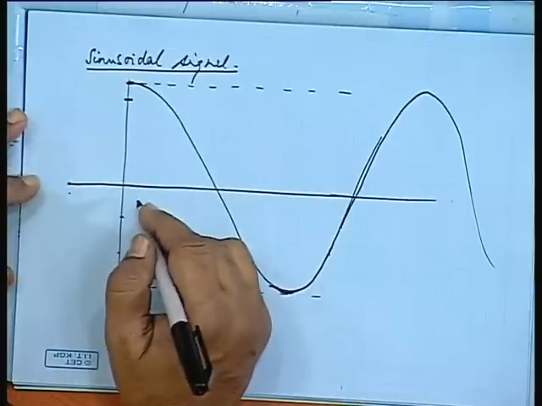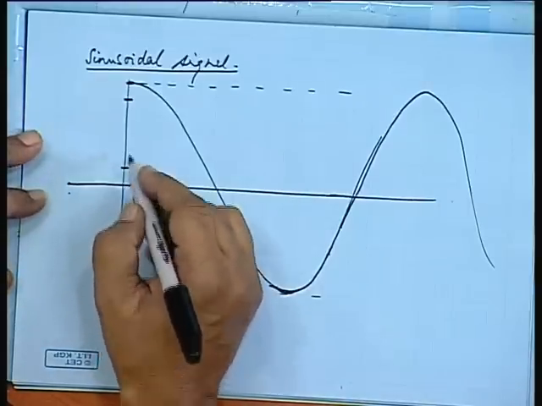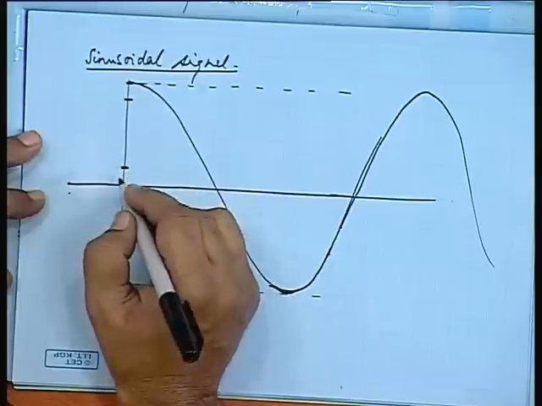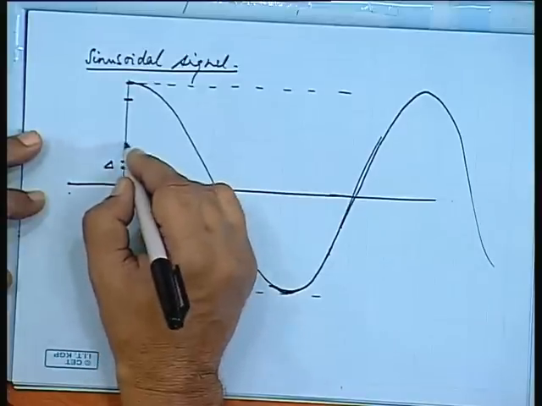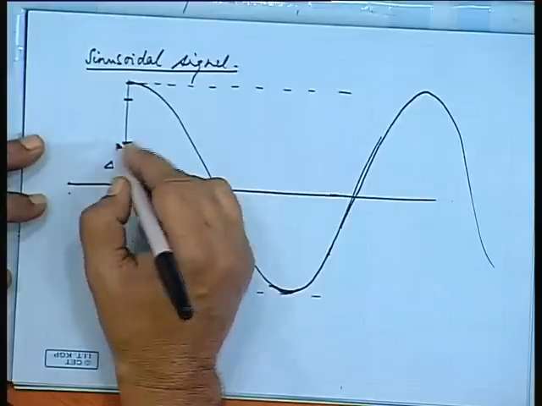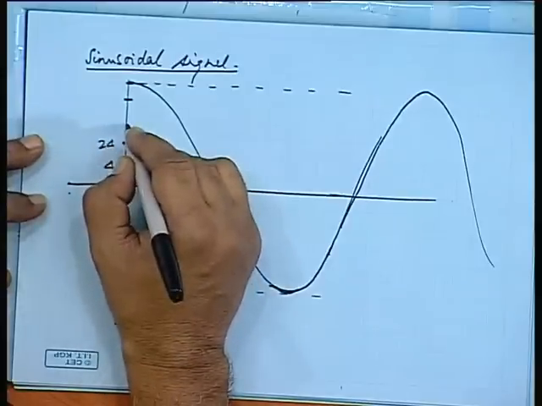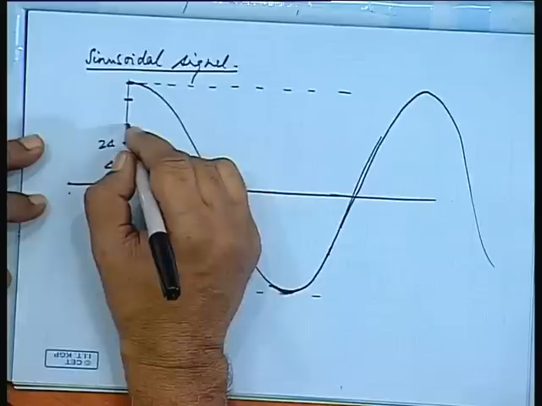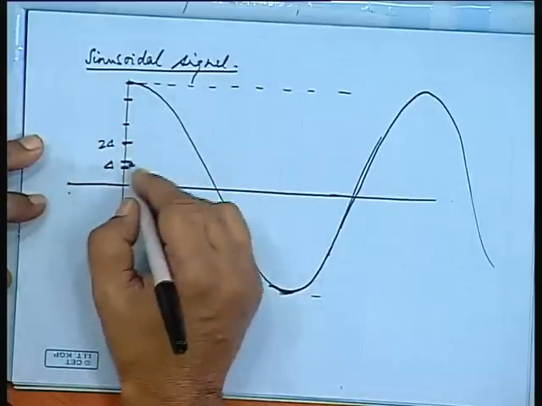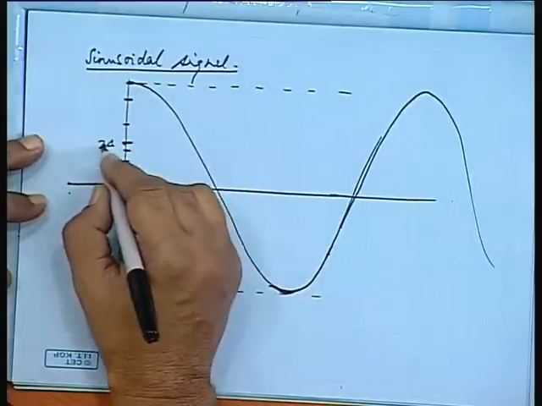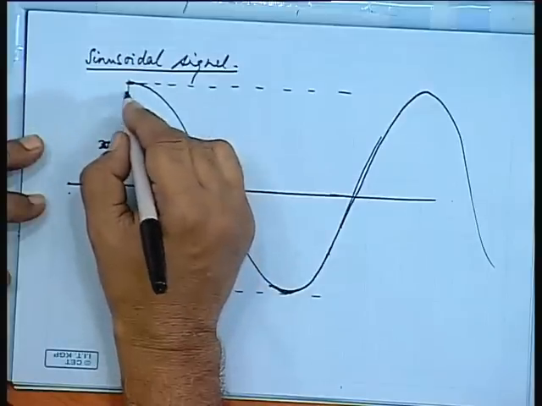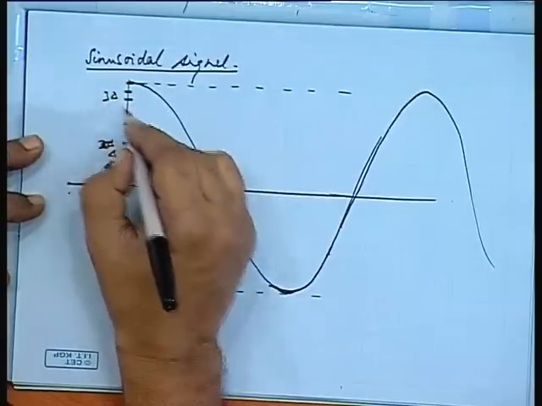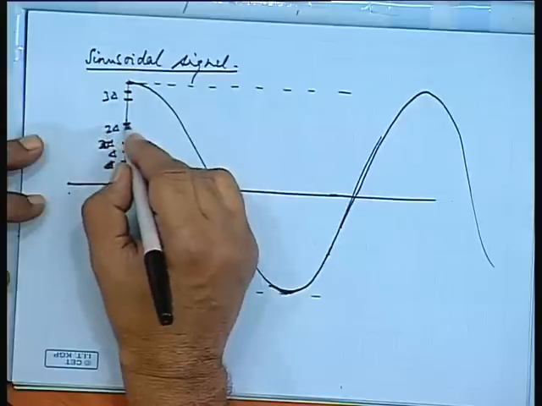Now, you may have quantization levels like this, say delta, okay, somewhere here, delta, 2 delta, 3 delta. I have chosen the lengths little shorter, delta, 2 delta and say 3 delta. Okay.